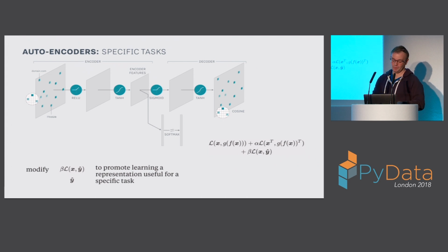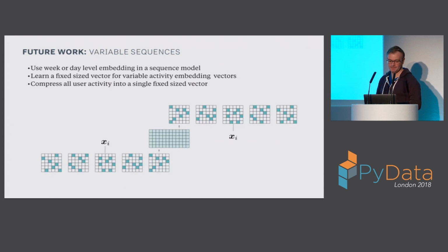This isn't where we stopped. We're doing a ton of work. Part of the motivation around this work was, how do we get embeddings such that we can start training sequence networks that don't just understand bits of activity, but activity over time and the relationship between one time unit and another time unit. And that's work that we are currently doing. It's essentially saying, take that day level or week level embedding and pass it through something like a bi-LSTM so that you find a fixed size vector.